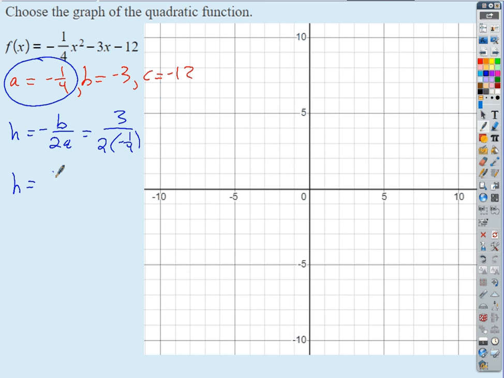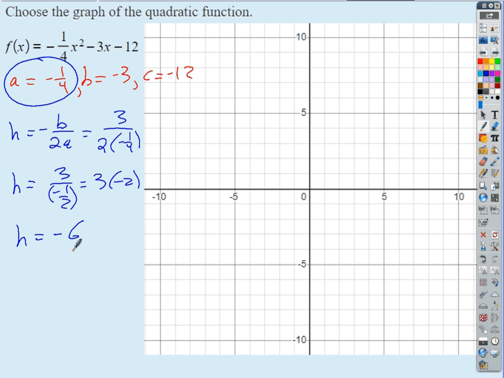So I get 3 divided by negative 1/2, is that right? 2 times negative 1/4 is negative 1/2. Dividing by negative 1/2 is the same as multiplying by negative 2, right? So h equals negative 6.